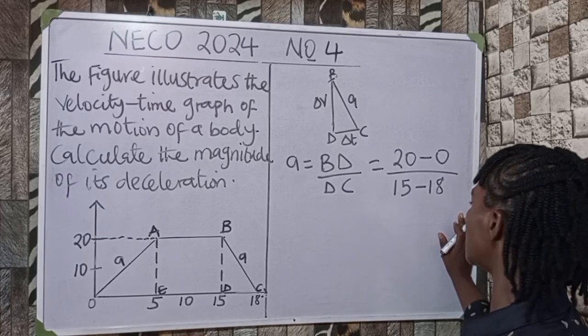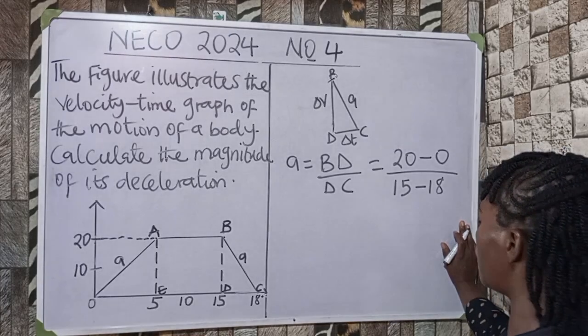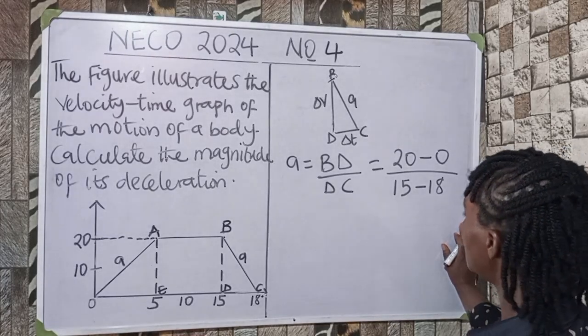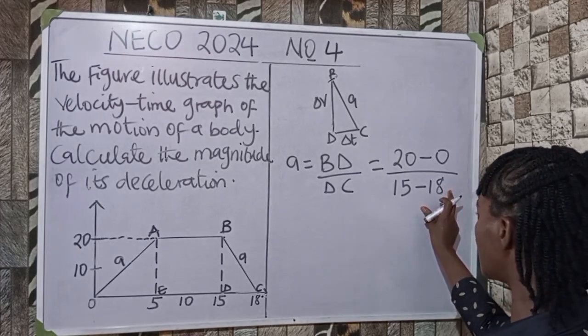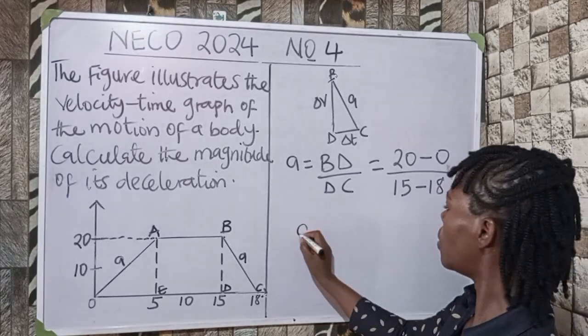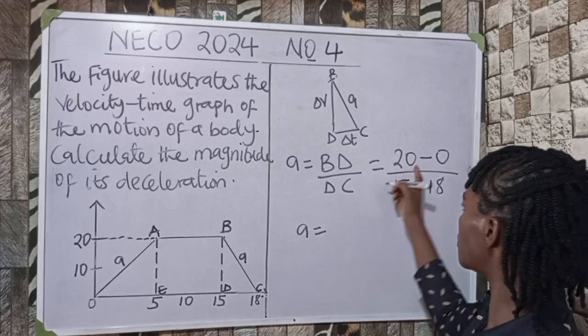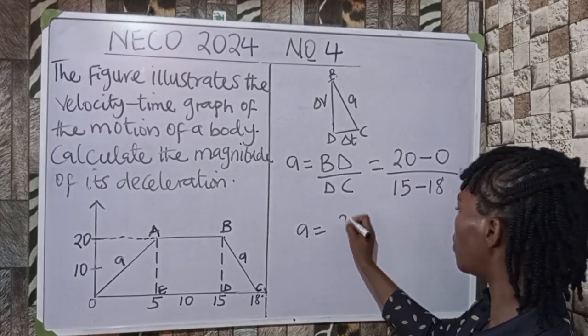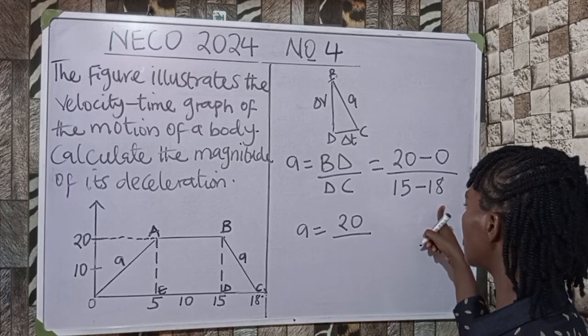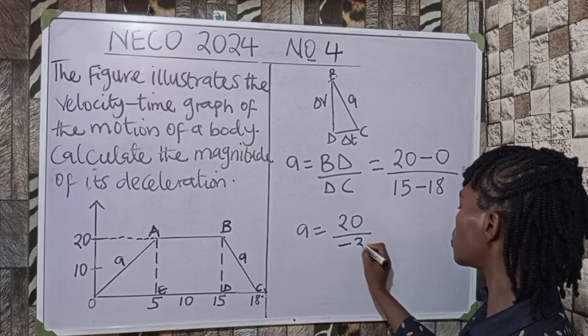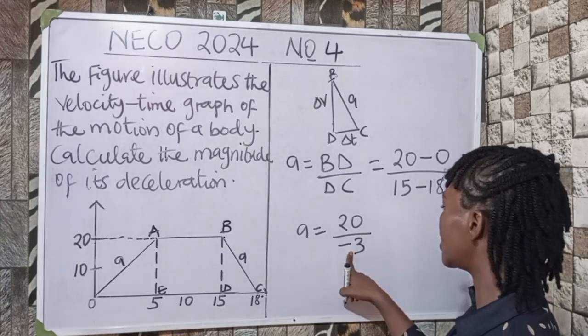Because this is deceleration, it is a negative of acceleration. So the negative sign is going to come from the horizontal axis, which is the time. So I'll have a is equal to 20 minus 0, which gives 20, divided by 15 minus 18, which gives minus 3. I now have the negative sign.